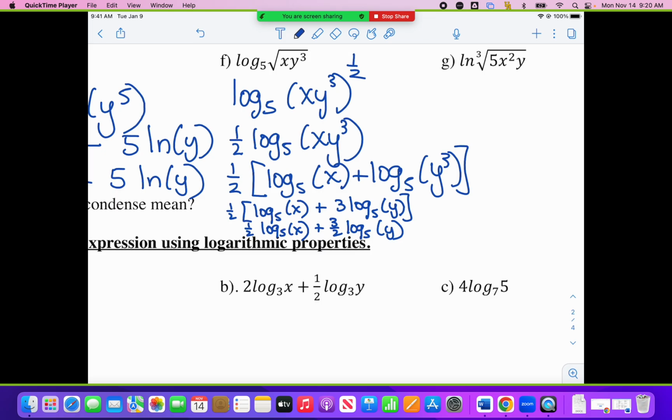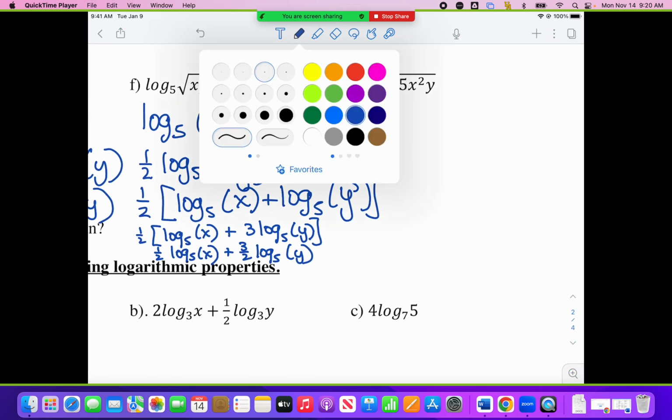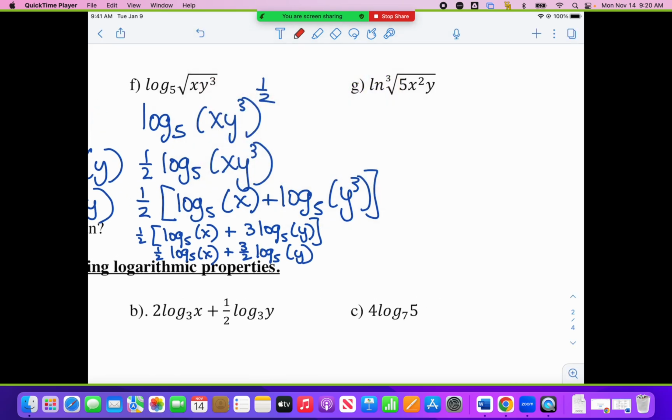All right, letter G. I have the natural log of the cube root of 5x squared y. So, anybody who's starting to get the hang of this, what should we do first? Ideas. Good job.